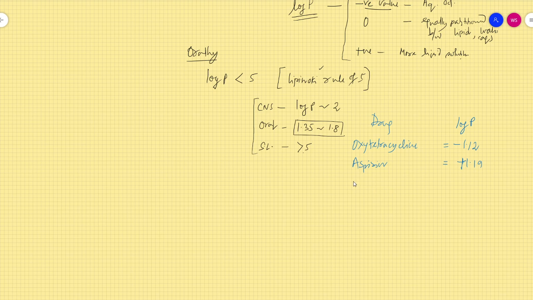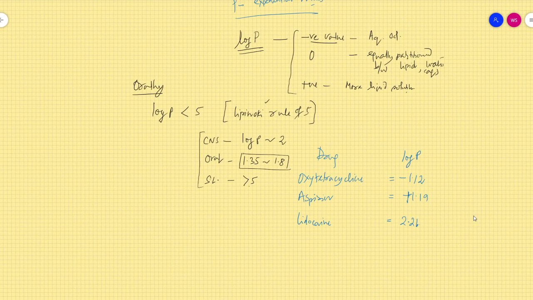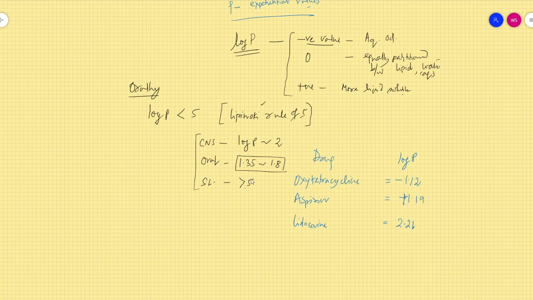And let's take another example. So let's say lidocaine. Okay, lidocaine is a local anesthetic, but it's also given as an antiarrhythmic drug systemically. Now, for this, we find that it is 2.26. And what's the application? Let's put this in context. So for the drug to be orally bioavailable, it should be between 1.35 and 1.8.